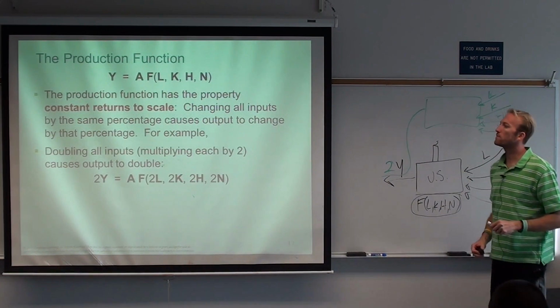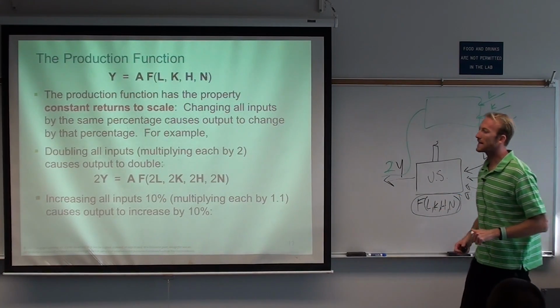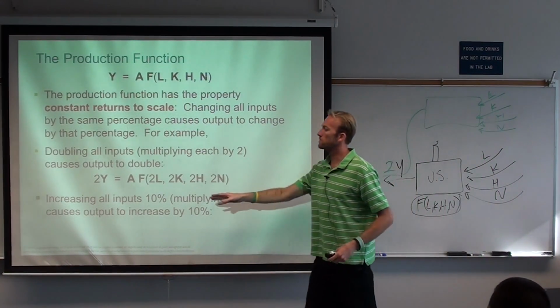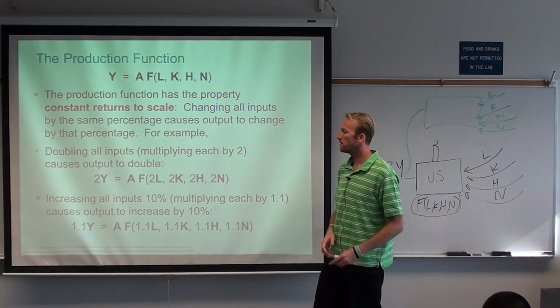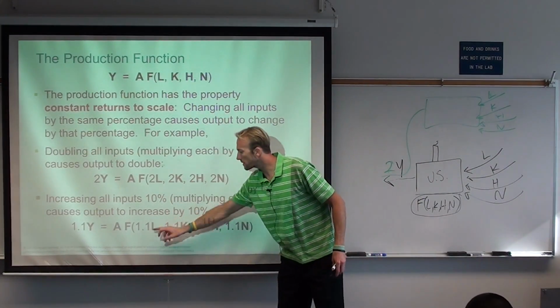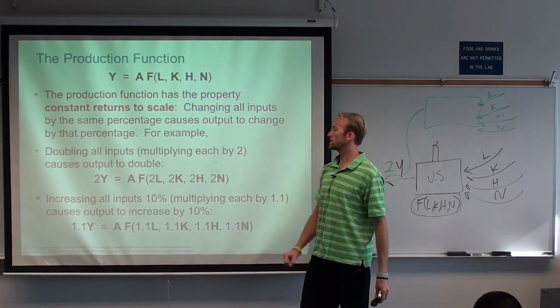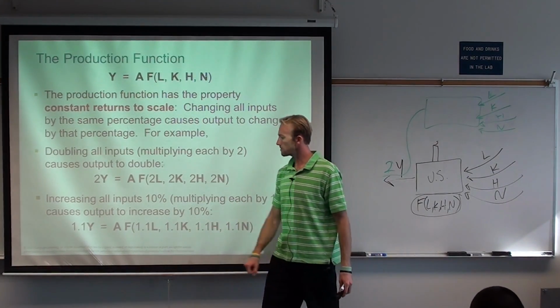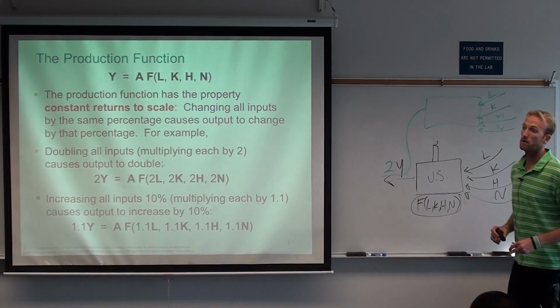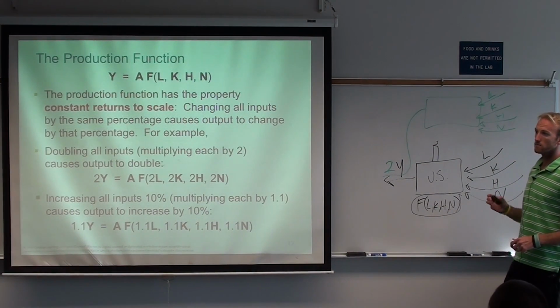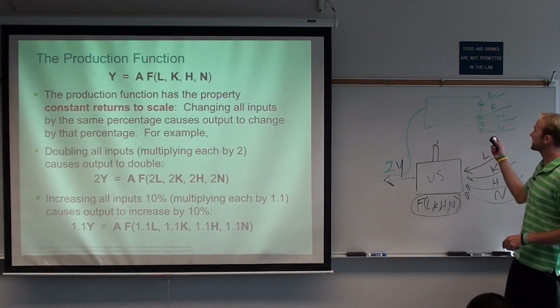In the same way, if I were to multiply all the inputs by 10%, if I increase all inputs by 10% more, that's the same as multiplying by 1.1. Then I have 1.1 times the amount of labor, 1.1 times the amount of capital, 1.1 times the amount of human capital, 1.1 times the amount of natural resources. I get 1.1 times the amount of output. So I don't have to double it.